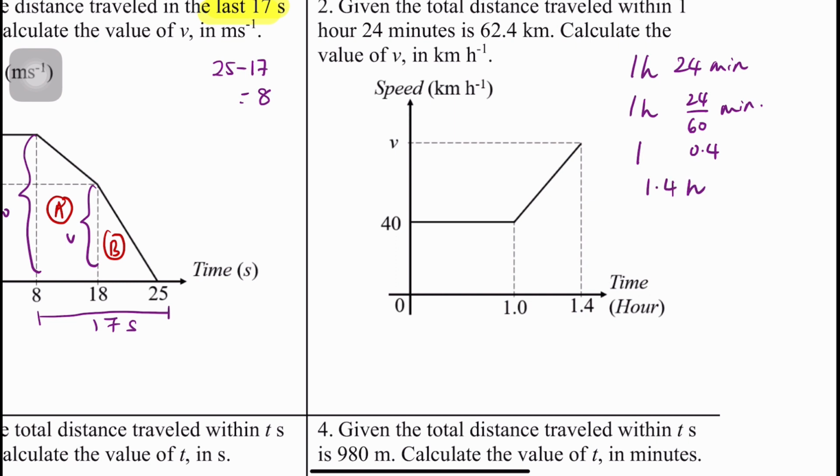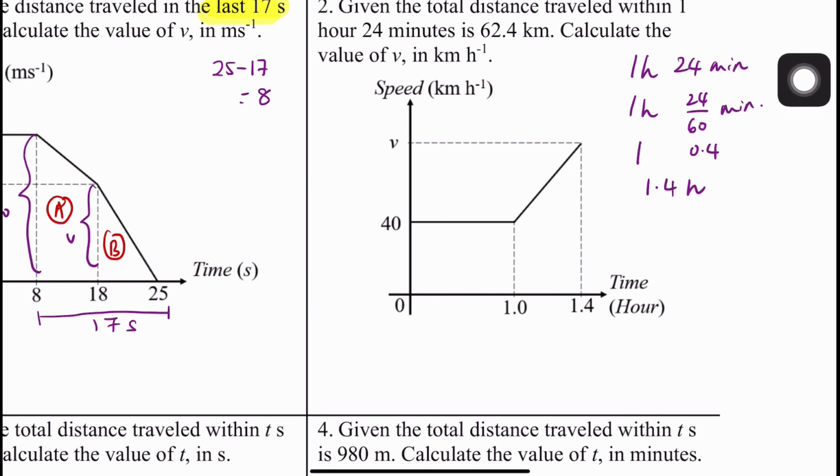So it means 1 hour 24 minutes is equivalent to 1.4 hours. So it means the total journey is 1.4 hours. Sebab yang last kali ni 1.4 kan. So kita tahu both area of shapes ni adalah 1.4 hours. So luas dia adalah 62.4.